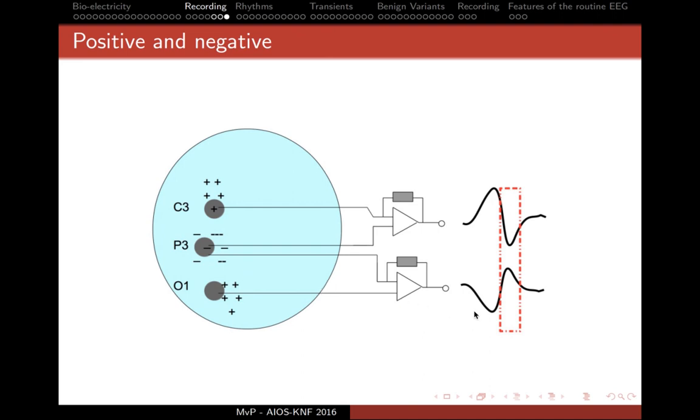And P3 O1, which is the other trace, it reflects upwards. That means that P3 is more negative than O1. So using these two electrode positions, you can basically argue or state that most of the negative charge is present around P3 in this case, at this particular moment.